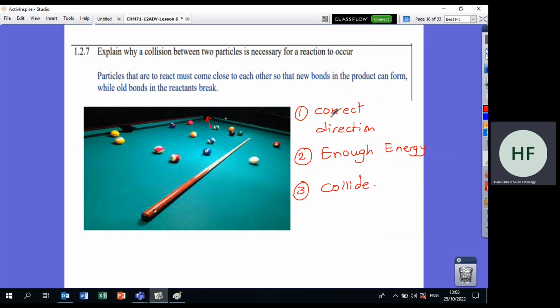Either you chose the wrong direction or you didn't supply enough energy. So I want to tell you that this same thing happens in reactions. Each one of these is a reactant. Reactant molecules must collide with correct direction and with enough energy in order to make products. If they collide with wrong direction or with not enough energy, they will not make a product.